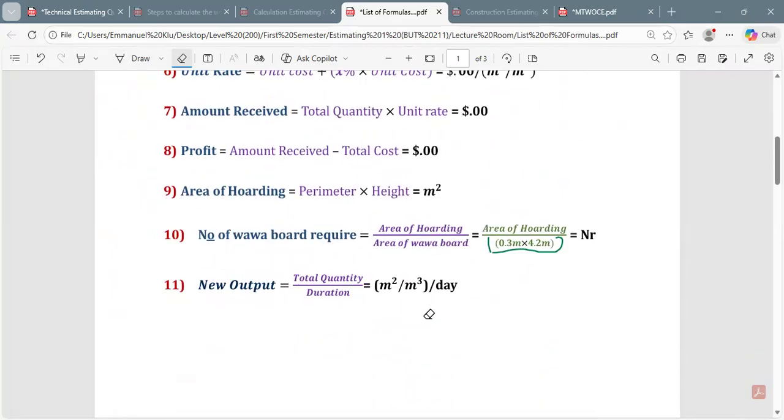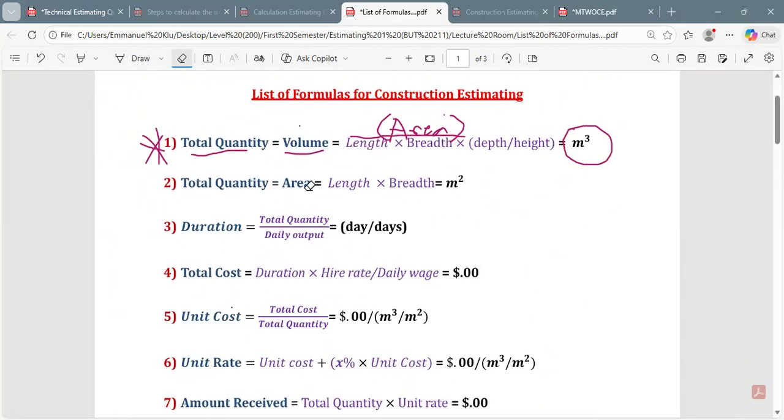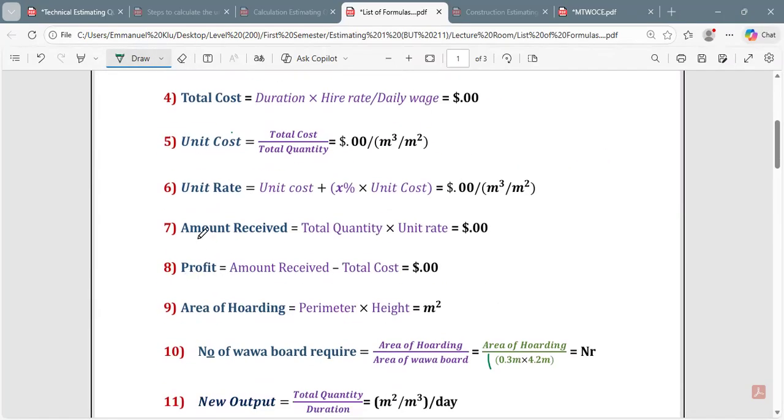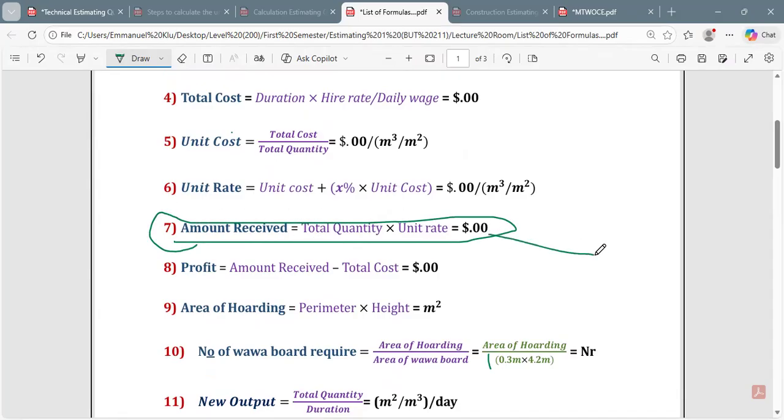So the amount received, that is it. You are seeing over there. This is the amount received.